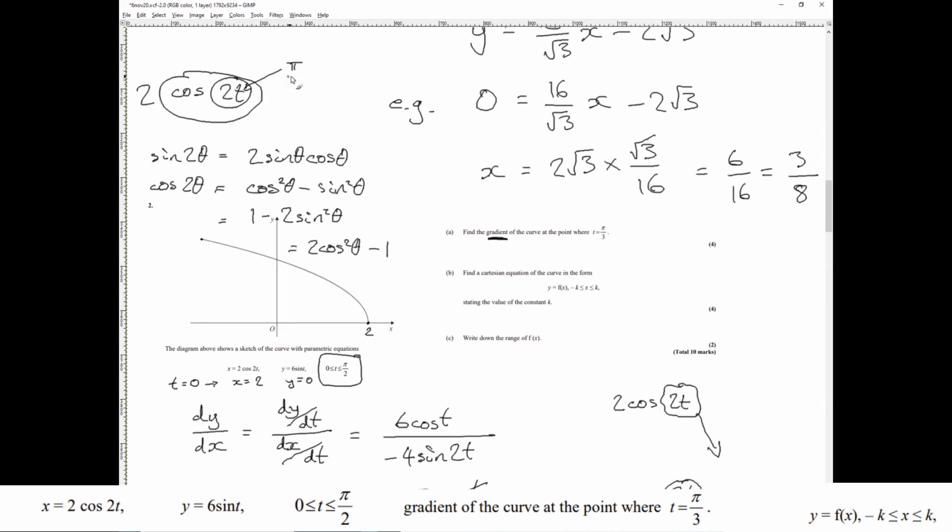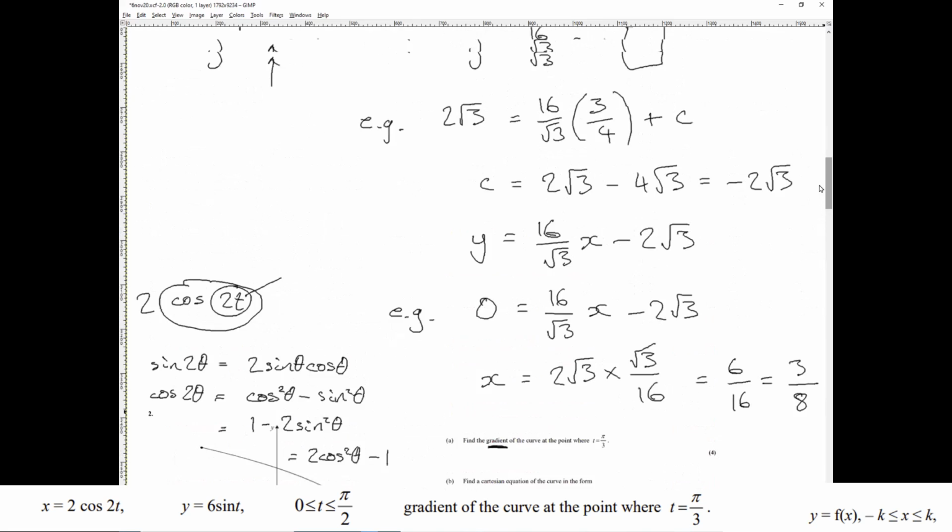My question was, so what's cos 2t? I don't want you to say pi again, do I? That's like saying cos of 30 degrees is 30 degrees. So we do want to think of the unit circle again.